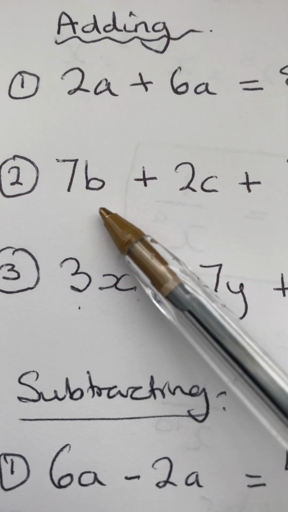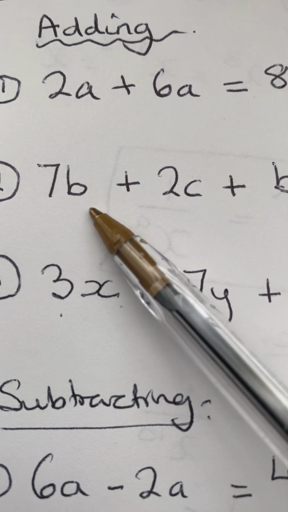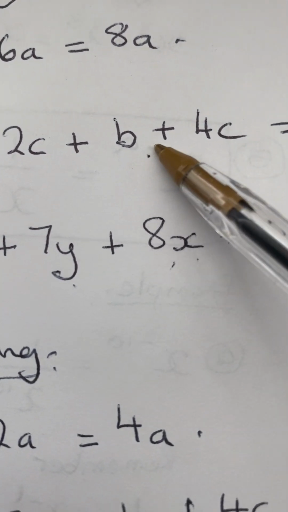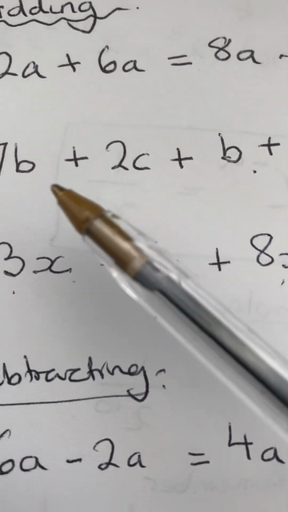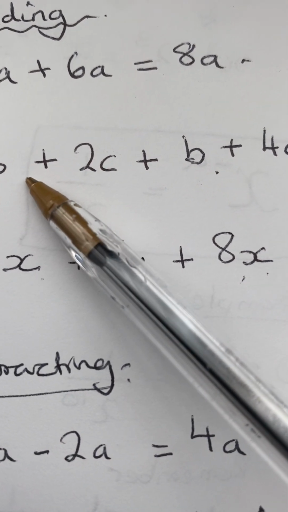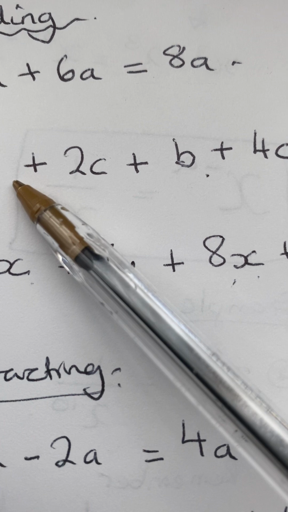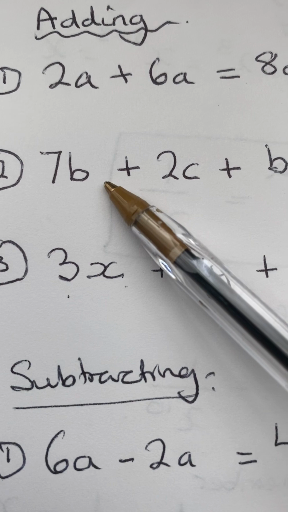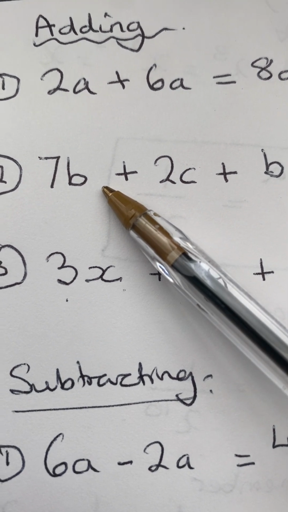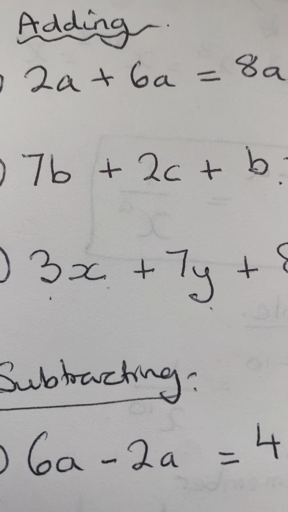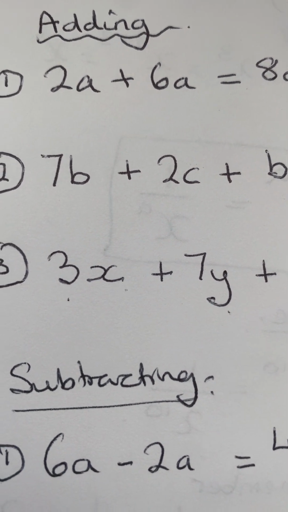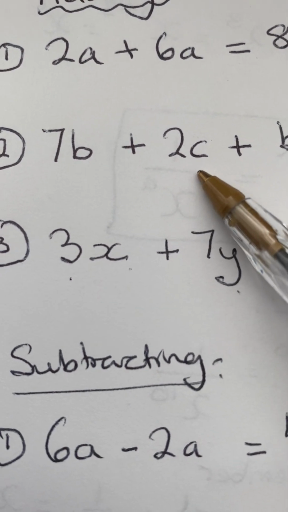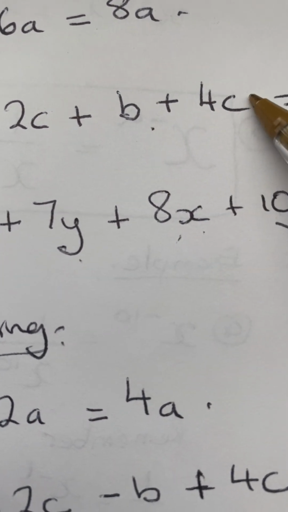Now B, 7b add 2c, add b, add 4c. Here we will bring the B's together and the C's together.